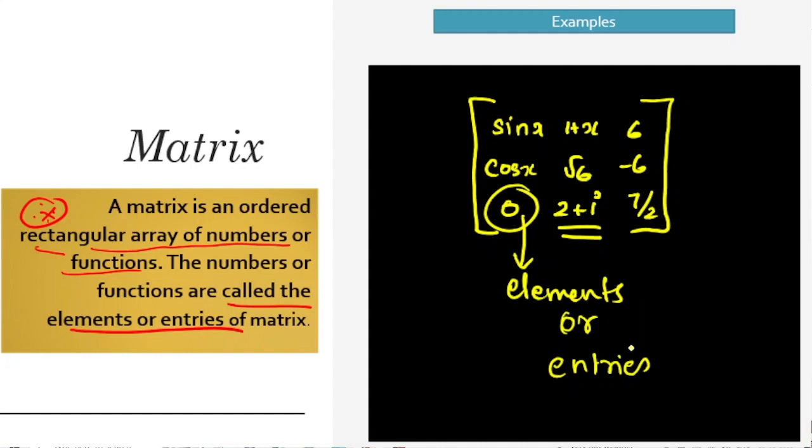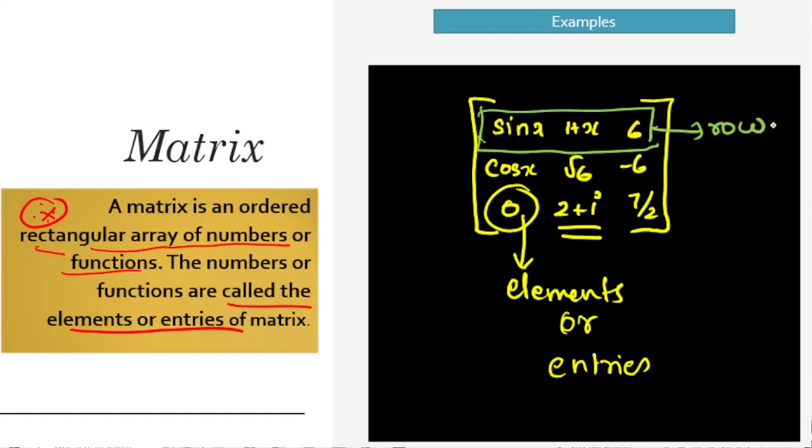Clear everybody? Now one more thing: there are three elements when you talk about the horizontal way, and three elements in the vertical way. The horizontal arrangement of elements is called a row.